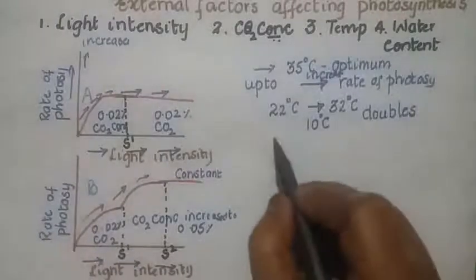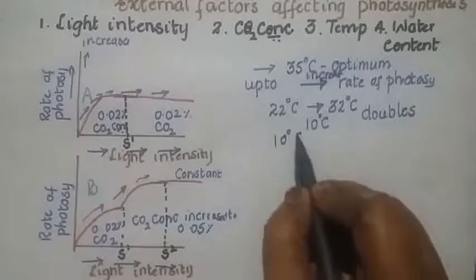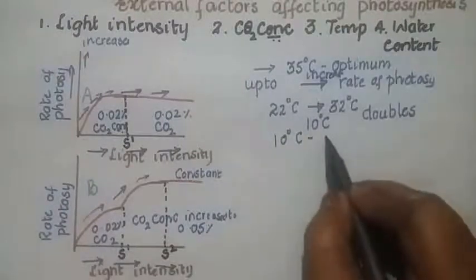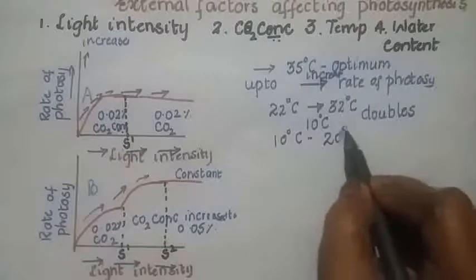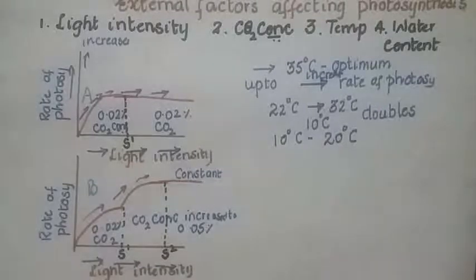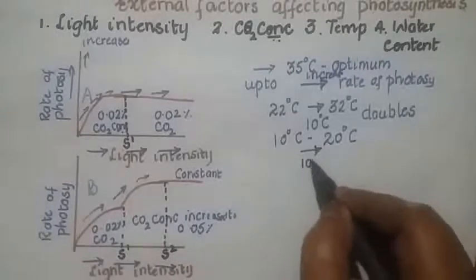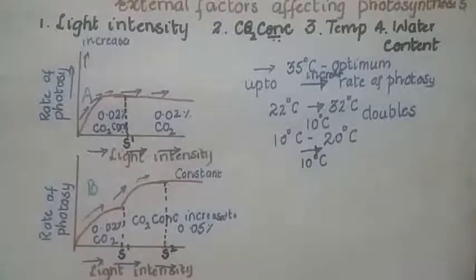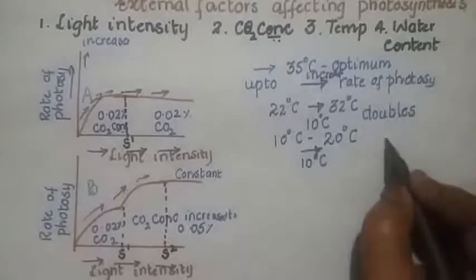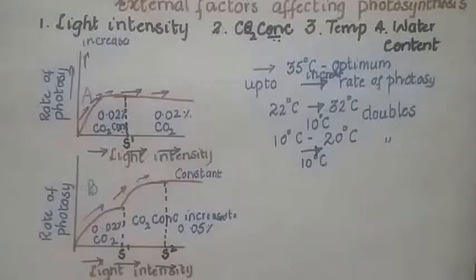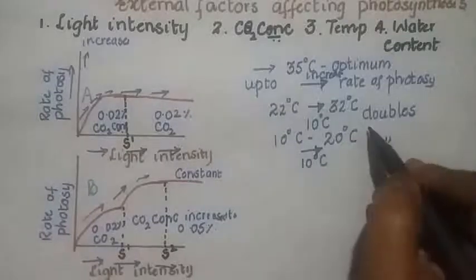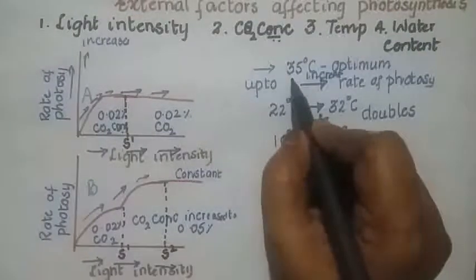Or if the temperature is around 10 degrees Celsius and increases by another 10 degrees Celsius to reach 20 degrees Celsius, again there is an increase in temperature by 10 degrees Celsius. Even in that condition, you will find that the rate of photosynthesis doubles. And remember, this doubling can occur only up to 35 degrees Celsius.